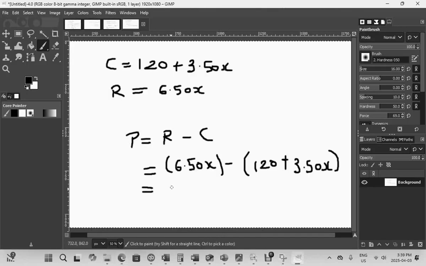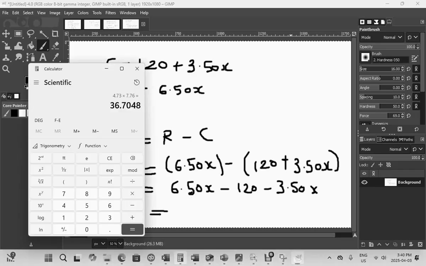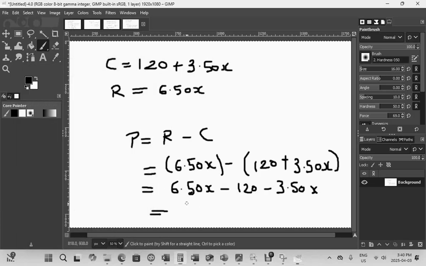So we know that 6.50x minus 120 minus 3.50x equals, 6.5 minus 3.5 will be 3, if I'm not mistaken. So 3x minus 120 is your profit. So this is your formula for profit, for gross profit.